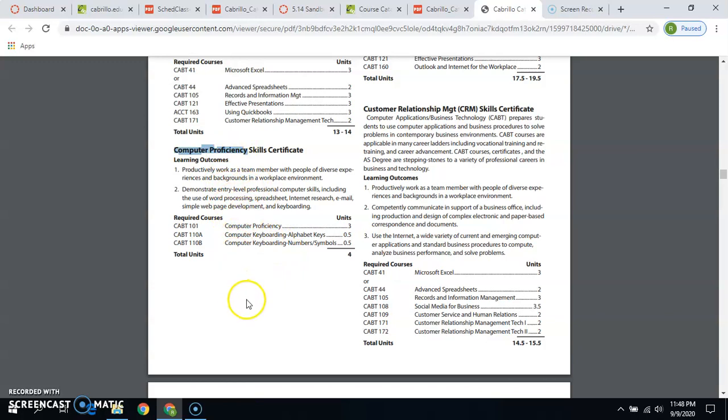So this particular certificate basically requires that you do CABIT 101, CABIT 110A, and CABIT 110B for a total of 4 units. Once you have successfully completed these 3 courses for a total of 4 units, you would be granted a skill certificate in computer proficiency. Just in case you were wondering, that is an option.